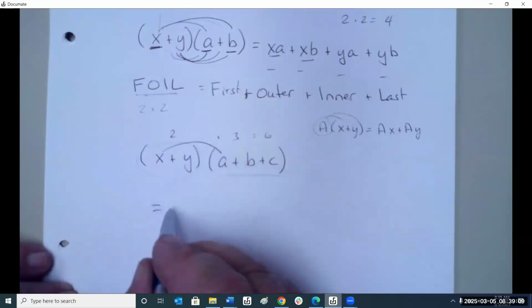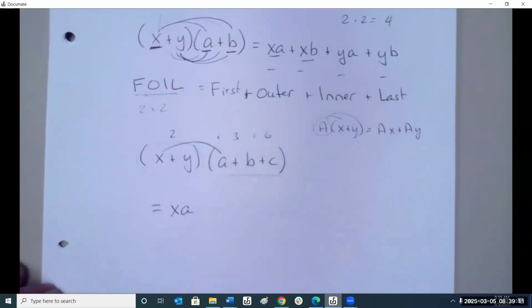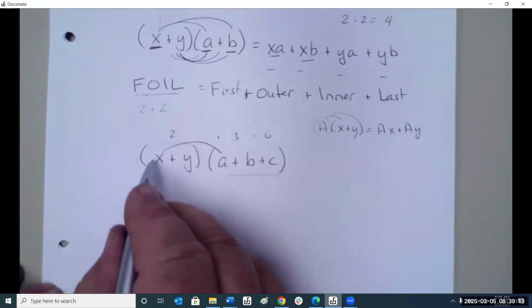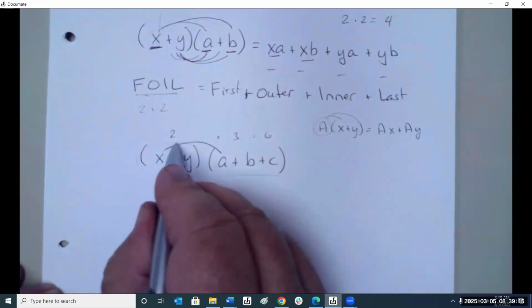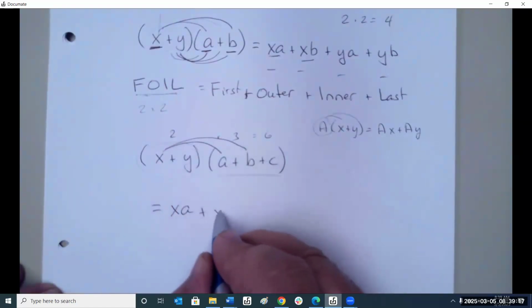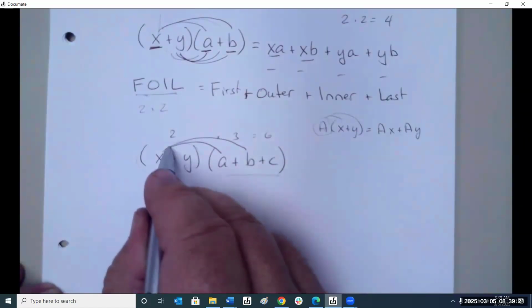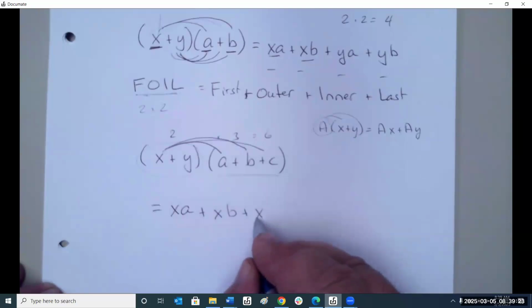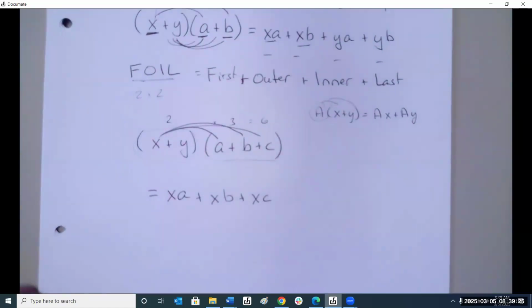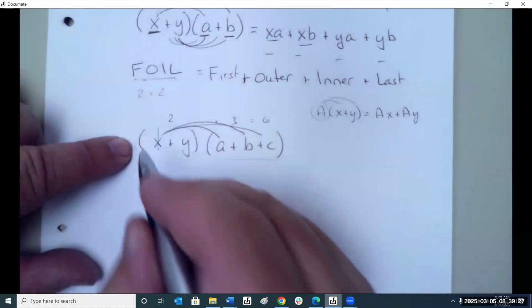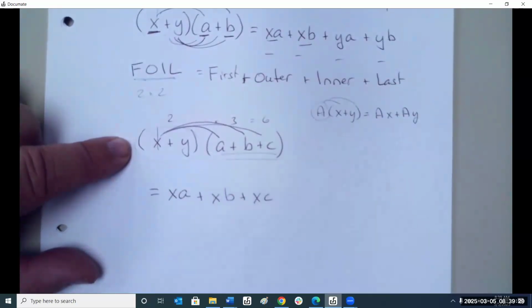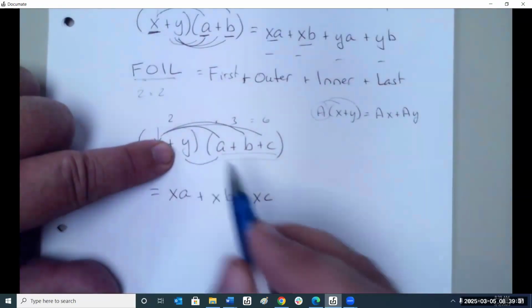X times A is XA. They're both positive. X times B is XB. They're both positive. X times C is XC. Well, that gets rid of the X because it's finished with all 3 of them. Now I got to do the Y's.